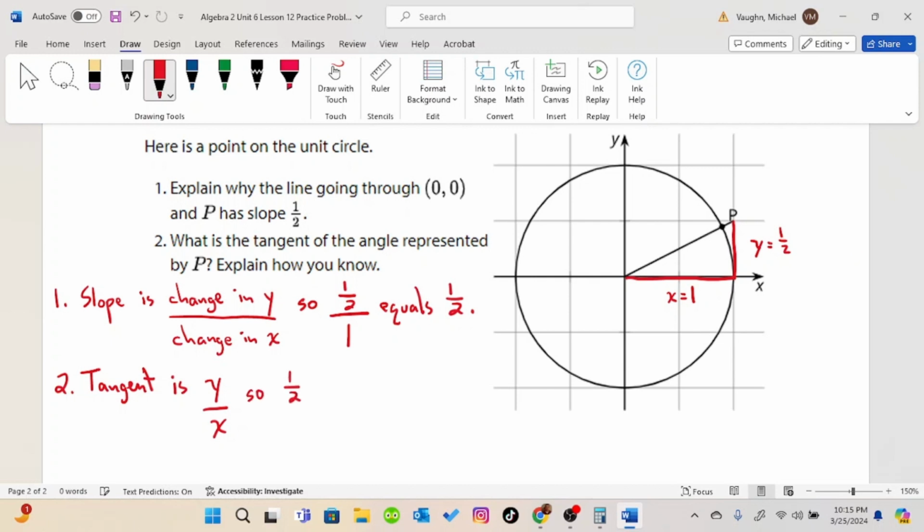So 1/2 over 1 equals 1/2. Tangent is slope.